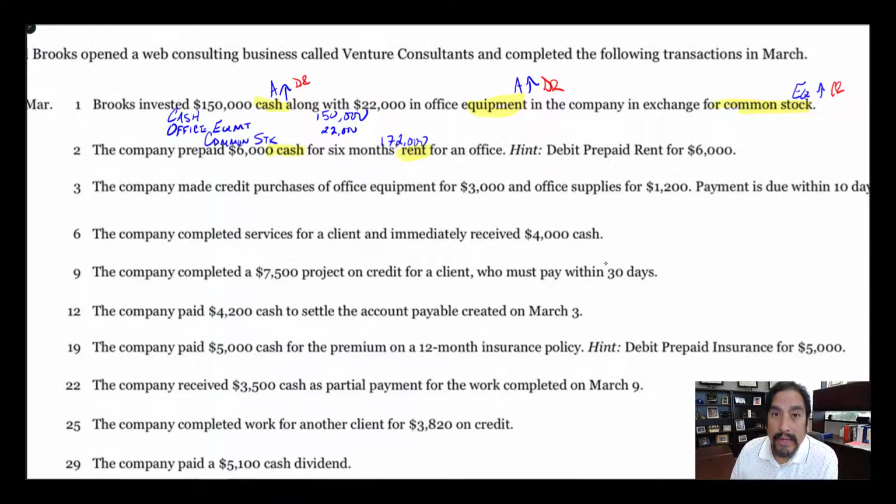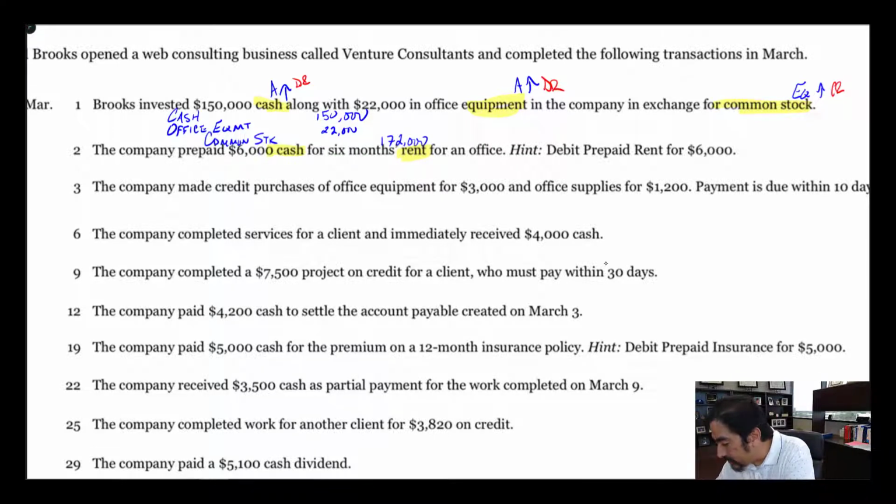We're going to record it as a prepaid expense. And when we do that, we will substitute the word expense for whatever type of expense that is. So here, this is rent expense. When we're paying rent expense early, we're going to call it prepaid rent. Prepaid rent is not an expense.